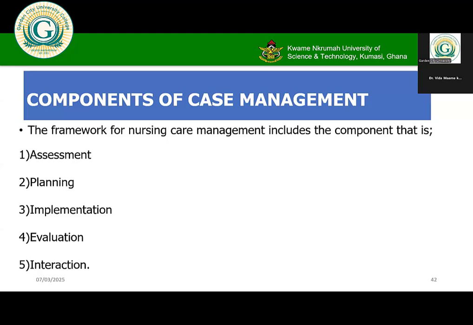So after implementation of the care plan, then you evaluate. You need to monitor progress when you're evaluating. You monitor the client's progress towards accomplishing established goals and outcomes, as well as evaluating the components of the case management process. You can do the evaluation through direct observation.